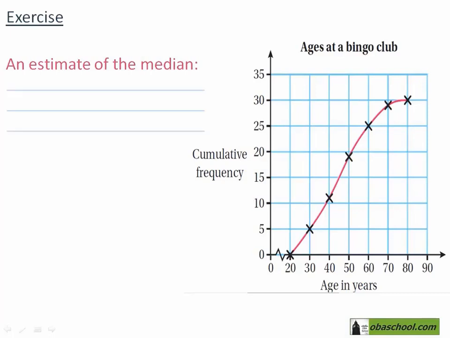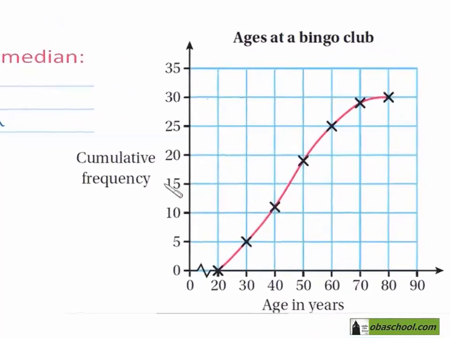Now, for the median, you're going to have to find the position, and the position is the maximum divided by 2. For the cumulative frequency, the highest is 30, and so to find the median, 30 divided by 2 is the 15th position. So at the 15th position is where we find the median.